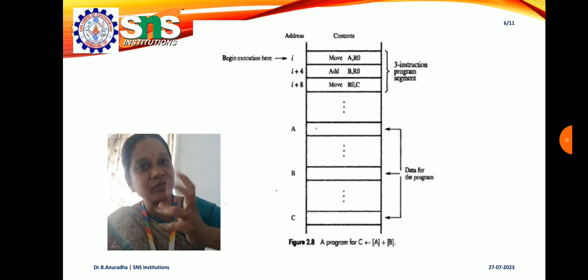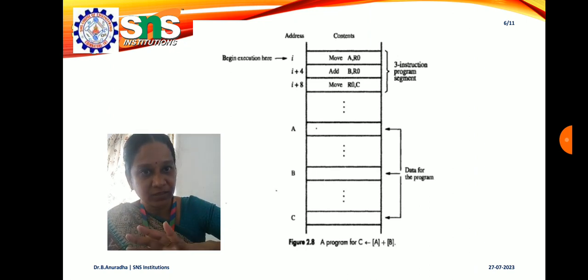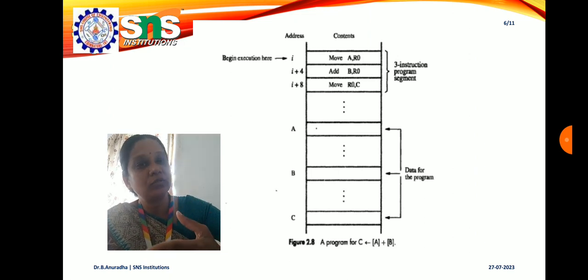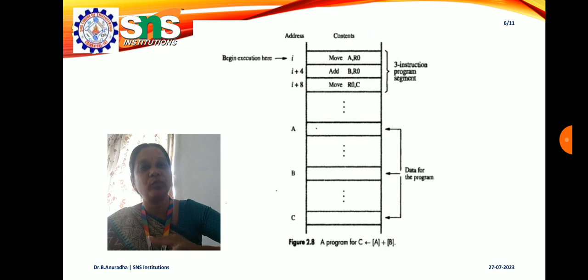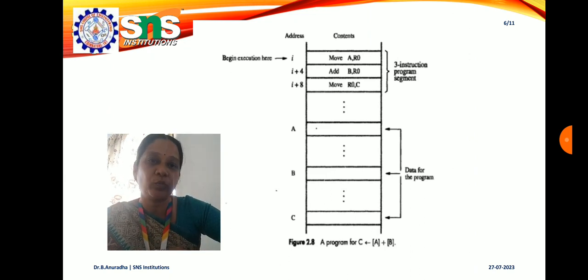The processor will fetch, decode, and identify what type of operation it has to do. After completing the operation, it will store the result in the memory itself. If you want the data to be displayed on the screen, we go for an output device. Otherwise, the result will be stored inside the memory itself. That is what we can understand from this diagram.